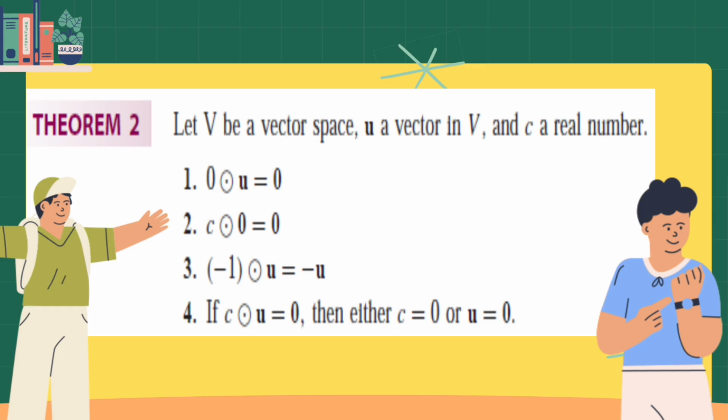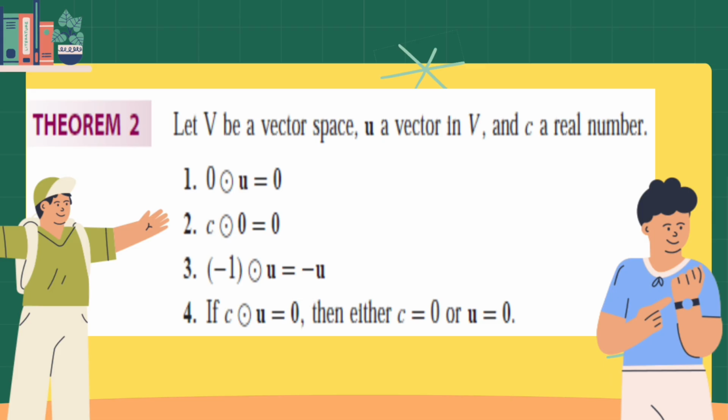And then for the last property, if c times u is equal to 0, then either c is equal to 0 or u is equal to 0. This is a very powerful property. Why? Because it tells us that the only way a scalar times a vector equals 0 is if one of them is 0, either the c or the u.